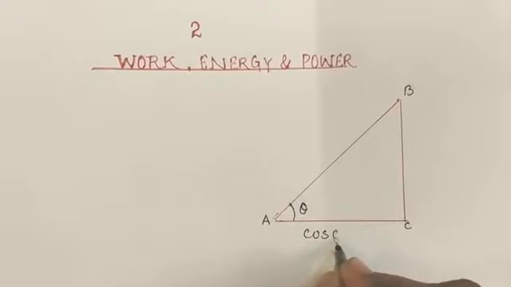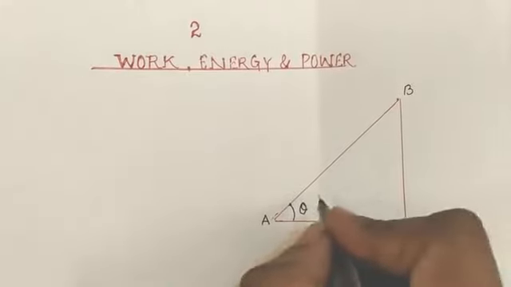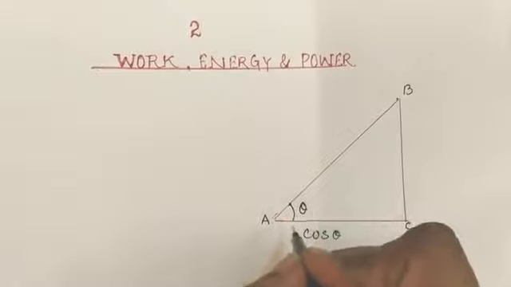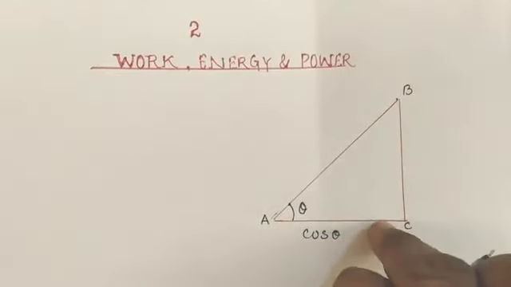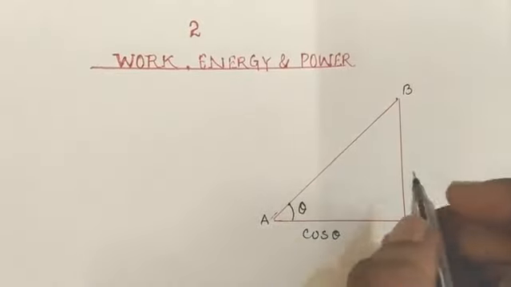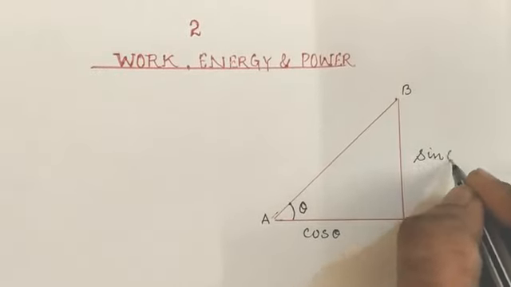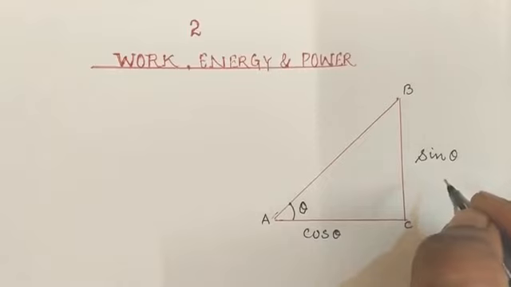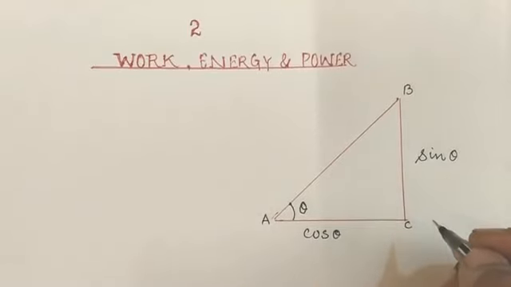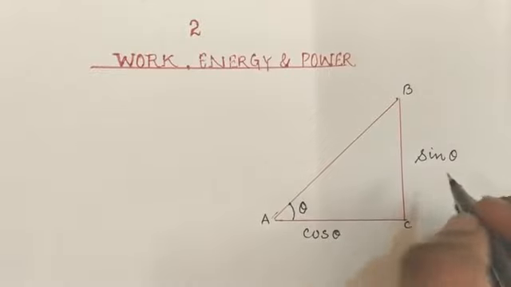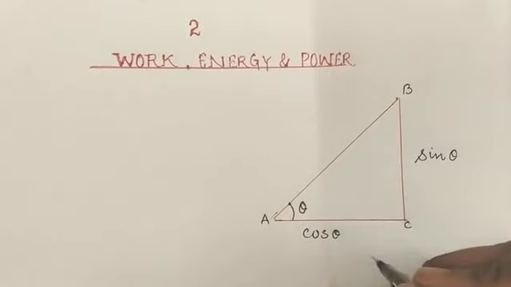Whereas the side which is free from the angle theta, you can see here this perpendicular, will be given by sin theta. There are various trigonometrical functions: sin theta, cos theta, cosec theta, sec theta, cot theta and tan theta. Here we are using only sine and cosine.